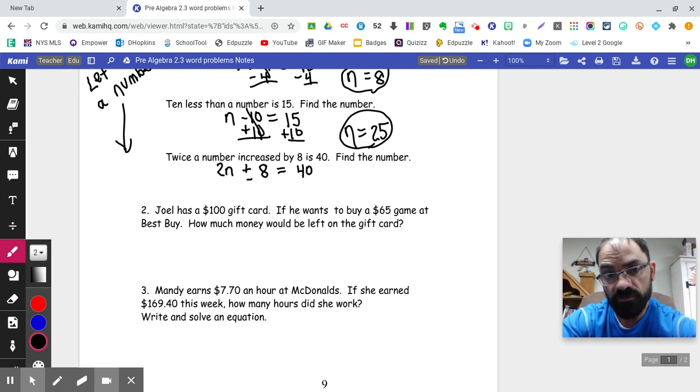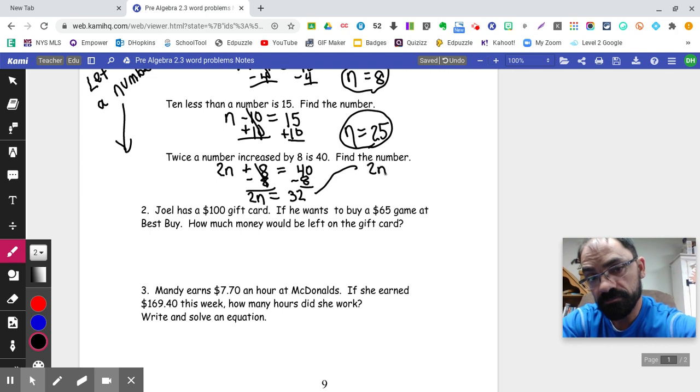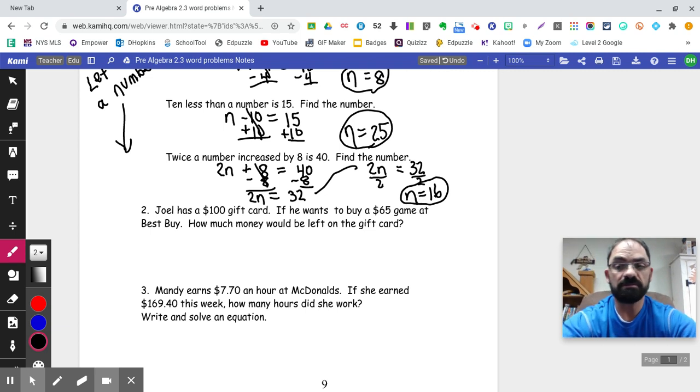Let's get rid of whatever's not attached to the variable first. So we have 2n equals 32. Let's bring this up here so we can work. And then I want to divide both sides by 2. So n equals 16.